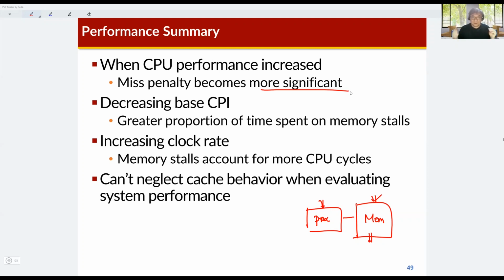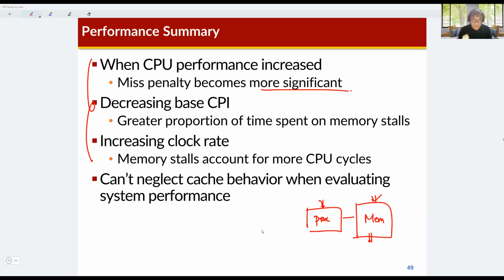Obvious, right? In this case, the miss penalty is increased, which means the clock cycles wasted by cache misses will also increase, so they will occupy a significant fraction of the total performance of computer systems. Actually, these items all increase the same aspect of the memory systems. And okay, so what is important?